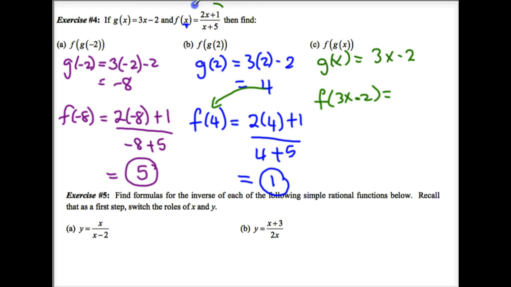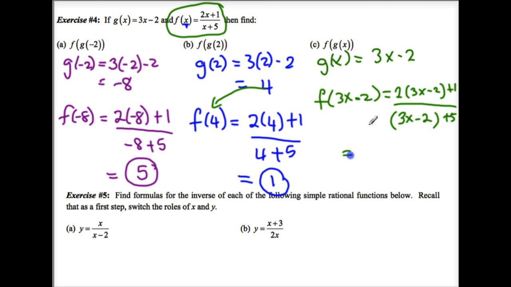We're going to use this f of x function, but wherever I see x, I'm going to replace it with this entire thing. So where I say 2x, I'm going to have 2 parentheses 3x minus 2 plus 1 over 3x minus 2, and I'm going to keep it in parentheses, plus 5.